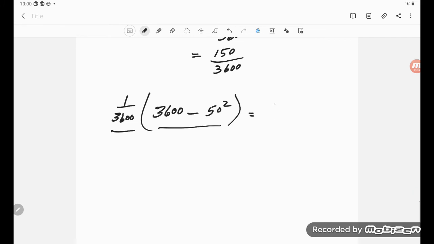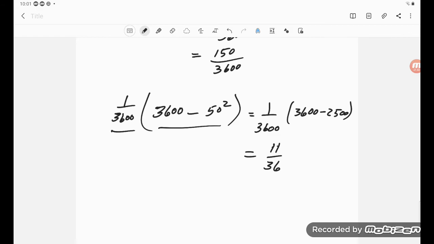And so this is 1 over 3600 times 3600 minus 2500, and so that's 1100. So I get 11 over 36 for my result.